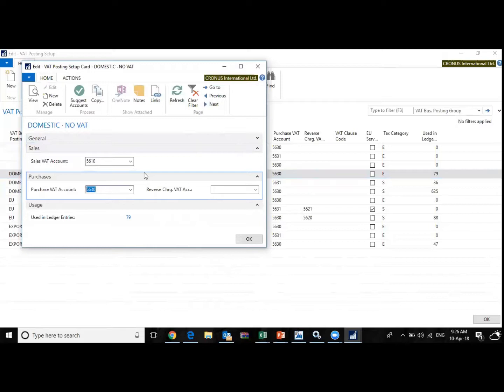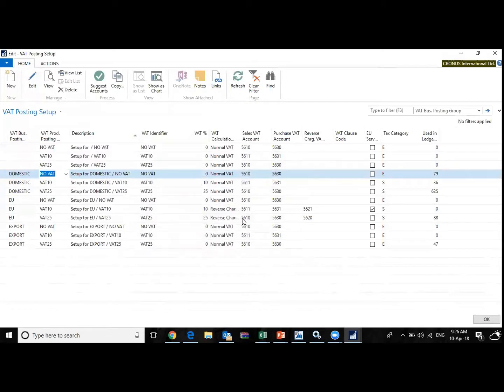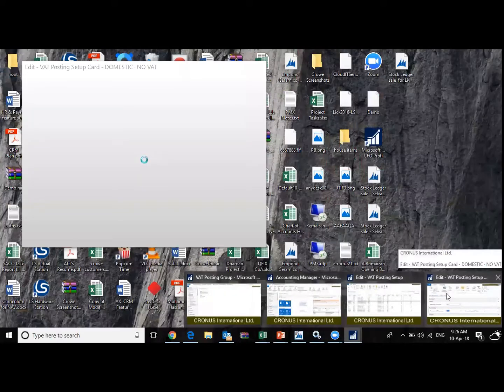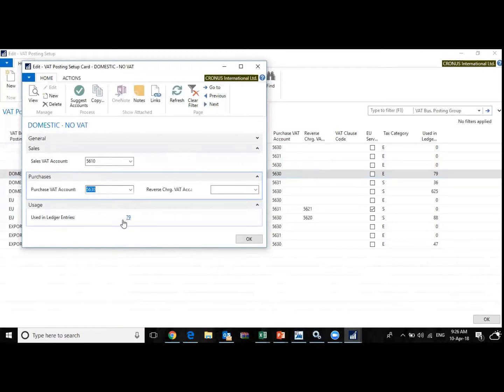So it's not necessary to attach a sales VAT account. It's not necessary to attach a purchase VAT account. Okay, so this is done just to make it look good, because here you can see all the accounts showing up, so to avoid this area being empty, they've just attached it. Okay, so this is your VAT setup.